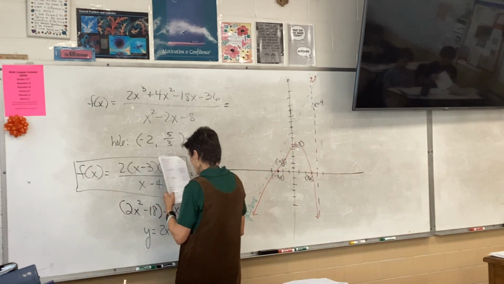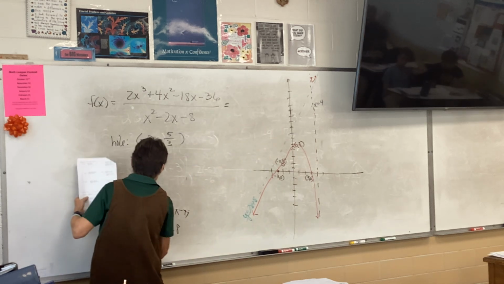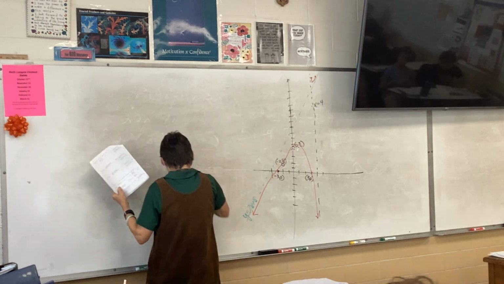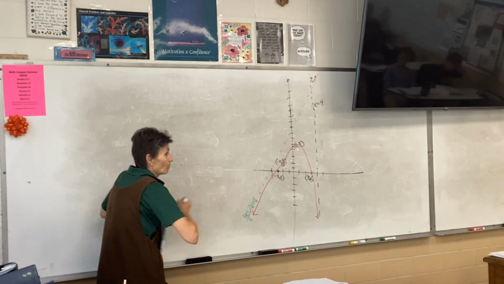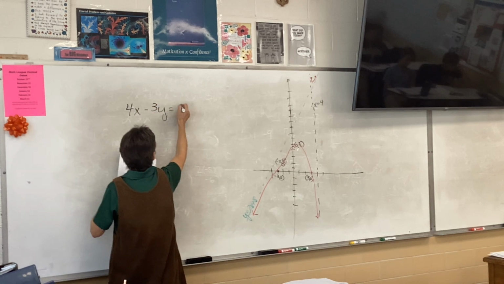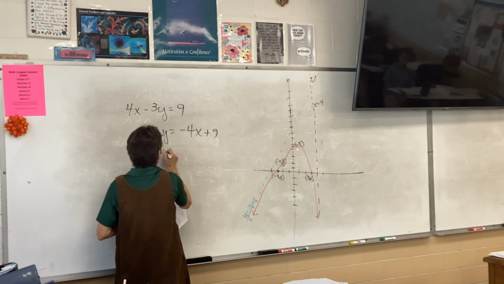Which of these have a slant asymptote parallel to this line? Okay, so Fred, we know that parallel means same slope, right? So 4x minus 3y equals 9. We have a slope of 4/3.